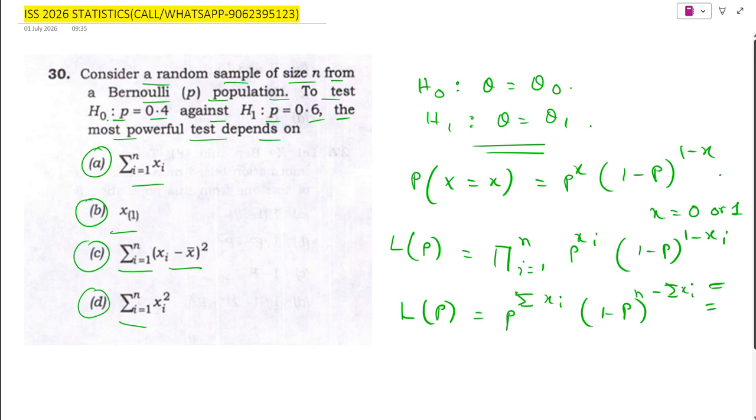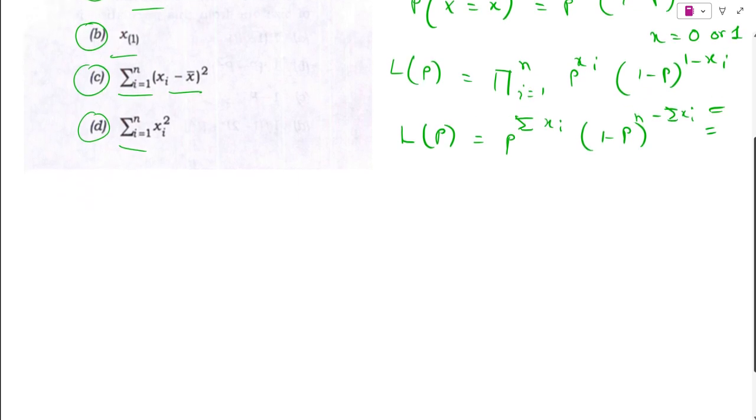Okay. Now apply the Neyman-Pearson lemma. Let us write the likelihood under each hypothesis. Okay.